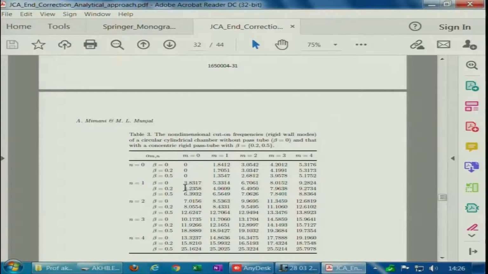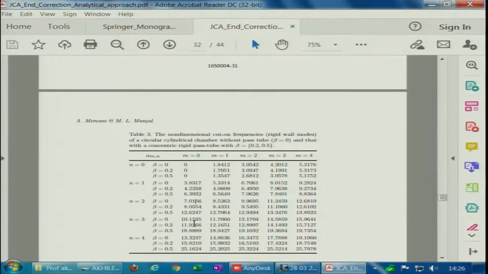For 0.2 it is a small difference, but as we keep increasing beta, the ratio of the inner radius small r naught to capital R naught, the excitation frequency of the radial modes keeps getting shifted into the higher frequency range, as seen by these values.